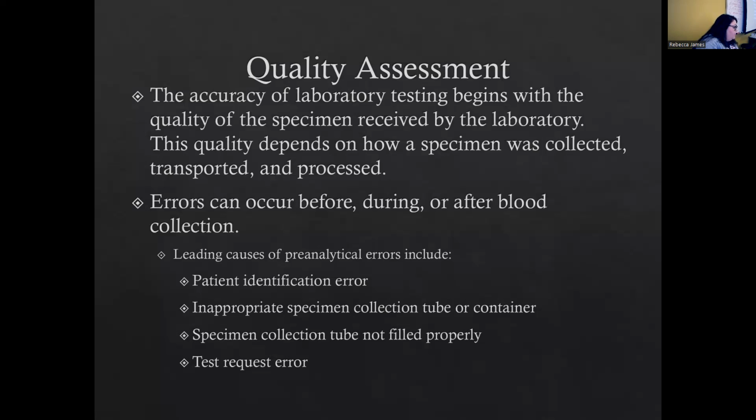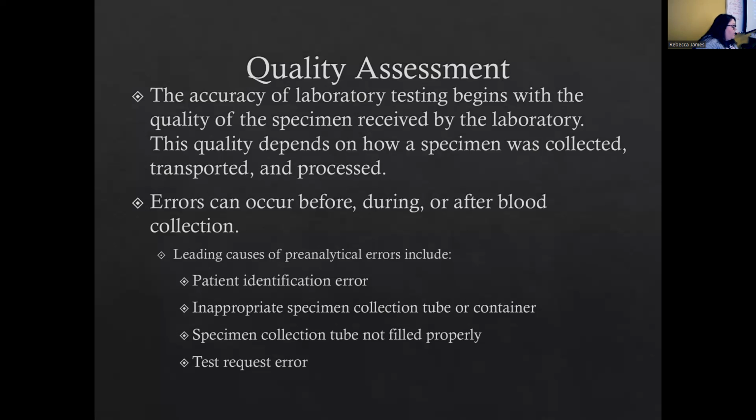So because tubing is attached to a butterfly needle, the first tube collected will underfill as a result of the tubing. If a winged blood collection device called a butterfly is used to collect a light blue top tube for coagulation studies, then a waste tube should be drawn first.